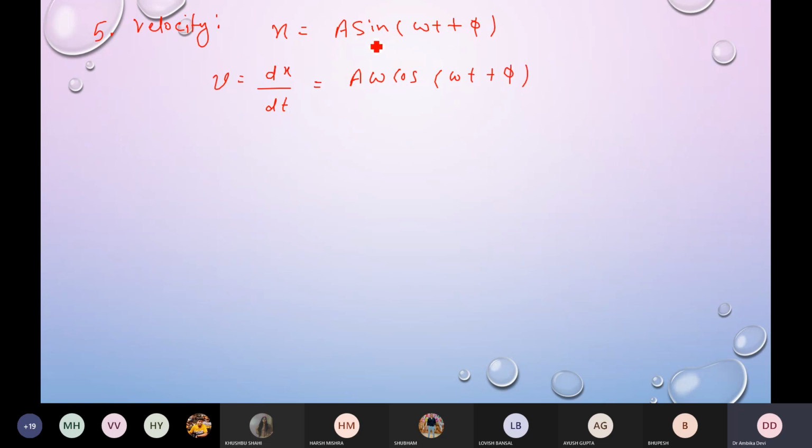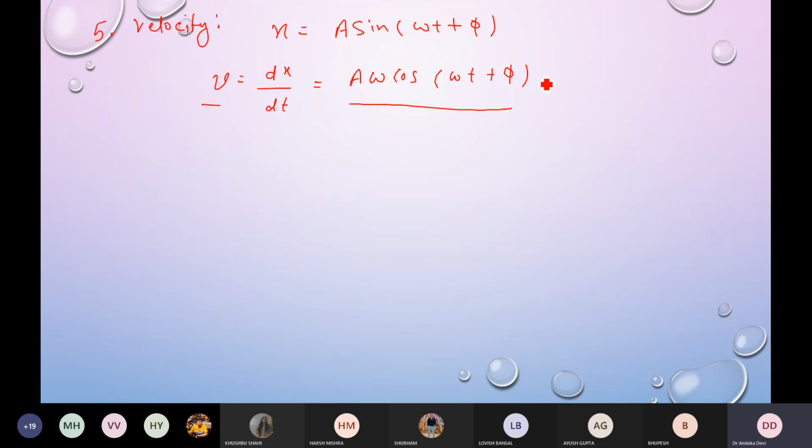If you differentiate this equation, we know that differentiation of sine theta is cos theta, and omega we can take outside. So a omega cos omega t plus phi is the differentiation, and this is the velocity of the moving particle. We can also simplify this.